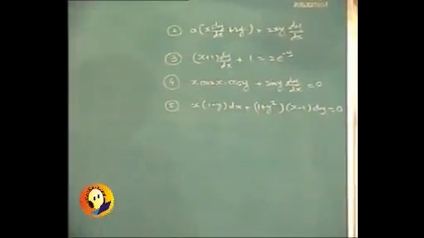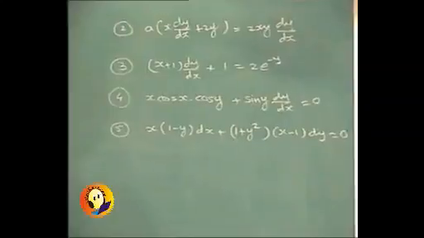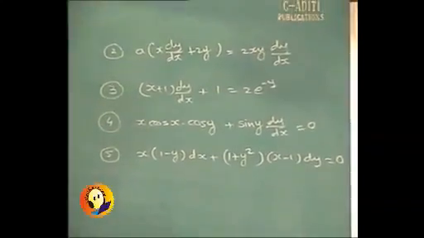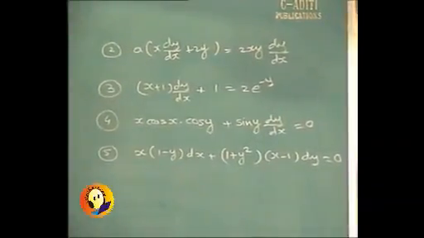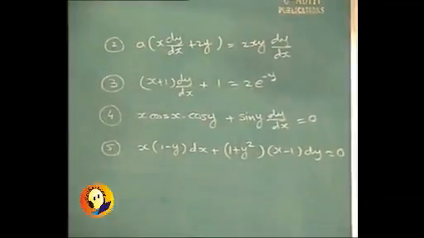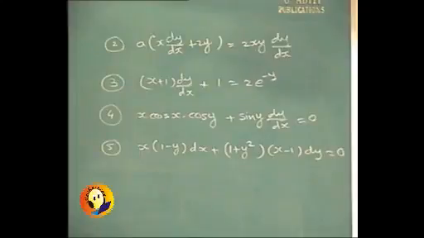Second problem, which is a into bracket x dy by dx plus 2y bracket complete equal to 2xy dy by dx. Third problem, it is into bracket x plus 1 dy by dx plus 1 equal to 2 e raised to minus y.